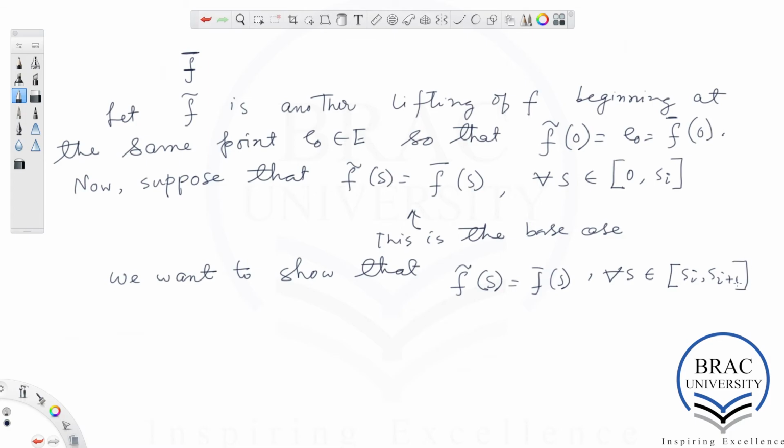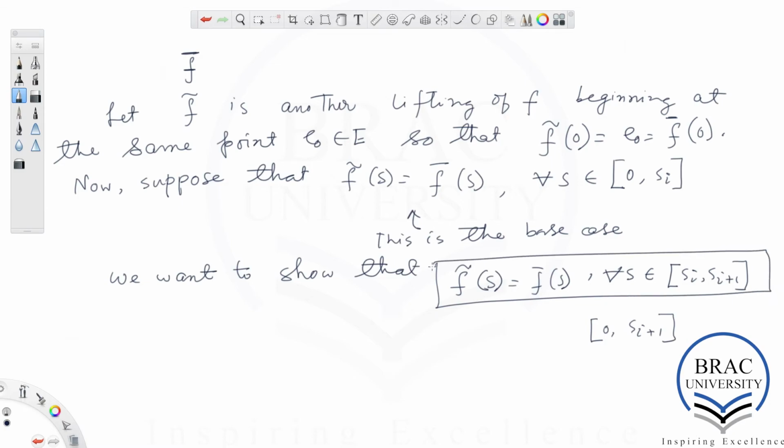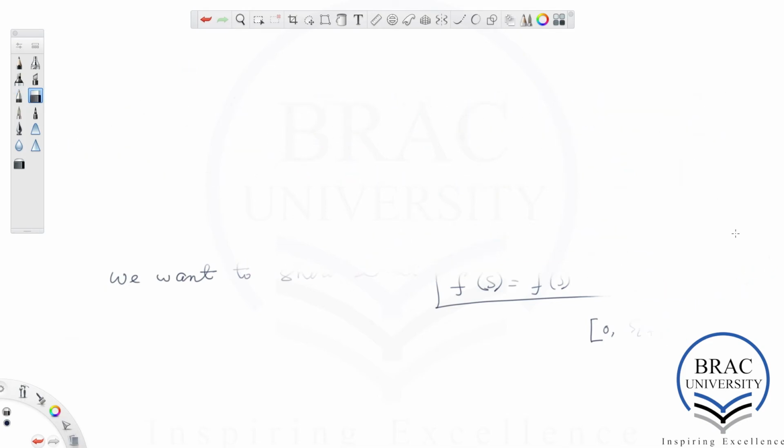If we do that, then it will be proven that F tilde of s equals F bar of s for all s belonging to the interval [0, s_{i+1}]. Then we'll be done with the inductive proof that such a lift is unique. All right, so let's do it.